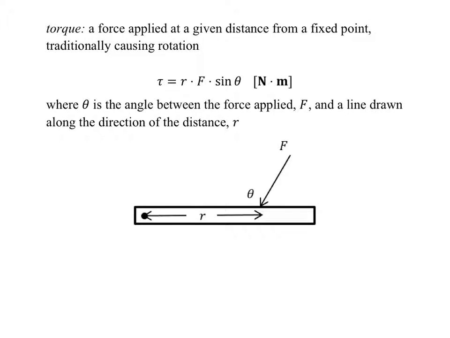If I continue this dashed line, and I think about this force, the angle between this and this is 0. Sine of 0 and sine of 180 are both 0. So the idea is that when you want to create torque, you need to apply a force at an angle. Okay? At an angle. Not an angle of 0 or 180.